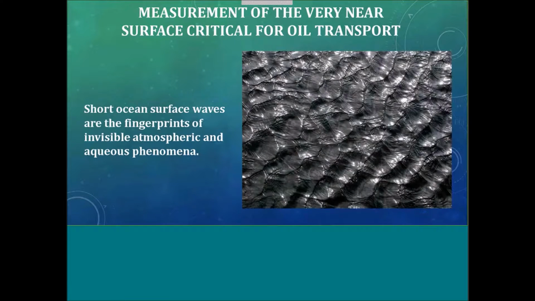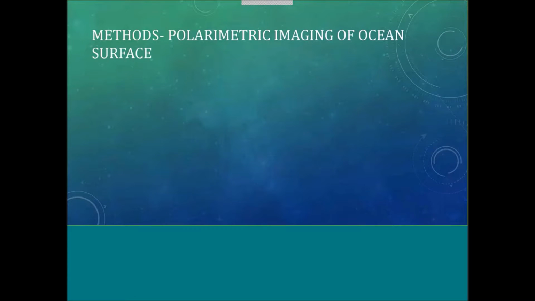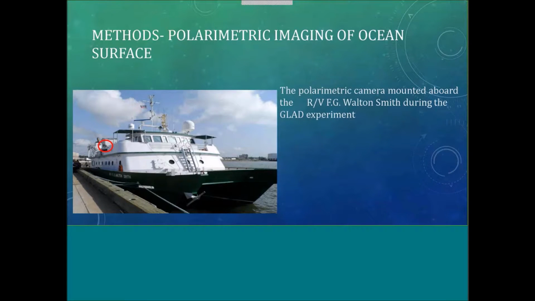So we've been exploiting an optical technique, and what that is doing is measuring what's happening right at the very surface by the effect of what's going on there on the short waves on the surface. So I'm showing you from the same GLAD experiment, right up here on the Walton Smith, we have this polarimetric camera.